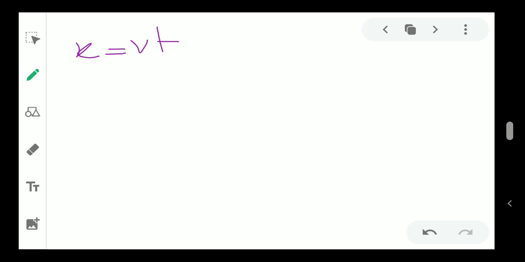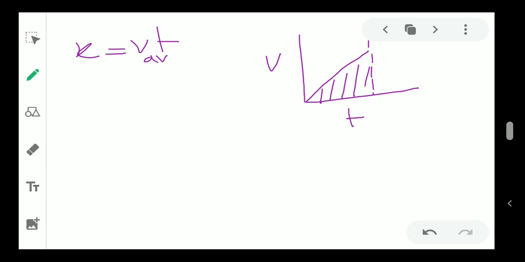But if acceleration is there, obviously we have to take the average value. Now you will ask me why. I told you already, for a v versus t graph, if you want to know the displacement at a certain time, the displacement will be the area covered under the graph, right?